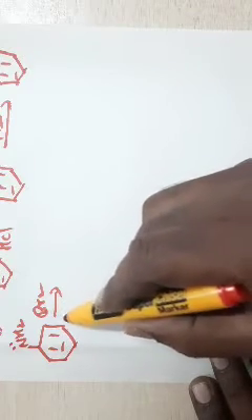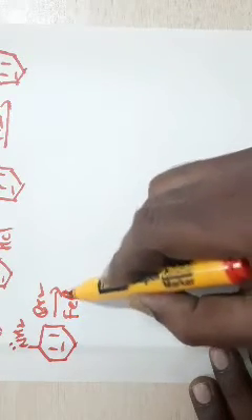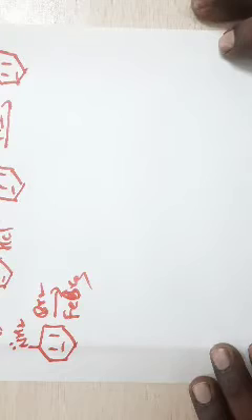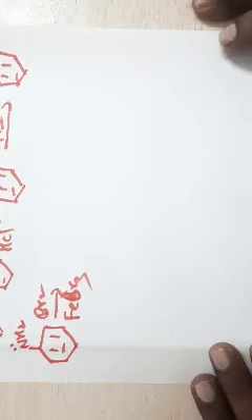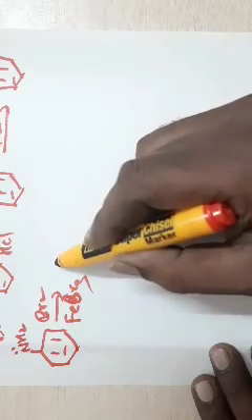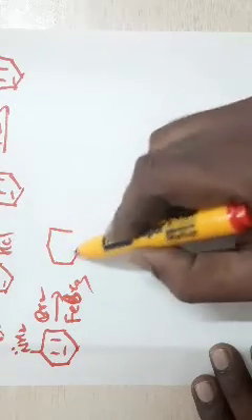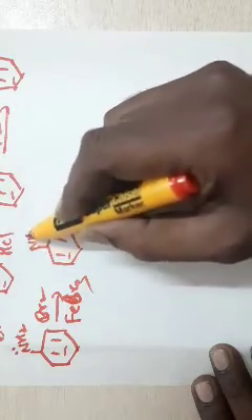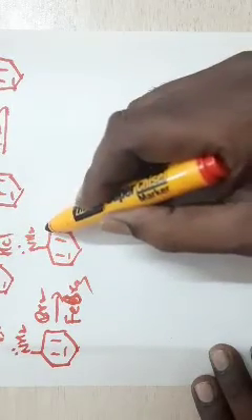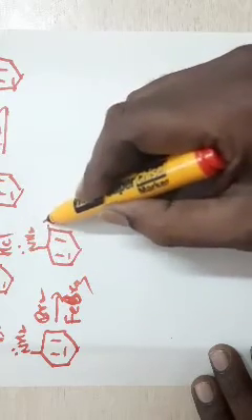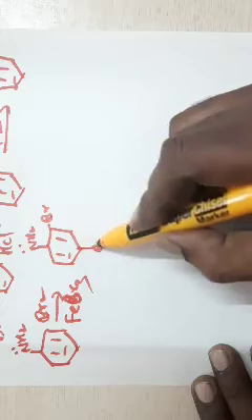Halogenation reaction takes place in presence of a Lewis acid catalyst. Here it is iron tribromide, FeBr3. So if aniline is brominated with iron tribromide, then the product is this one, tribromoaniline. See, the 2, 4, 6 positions are substituted with bromine.